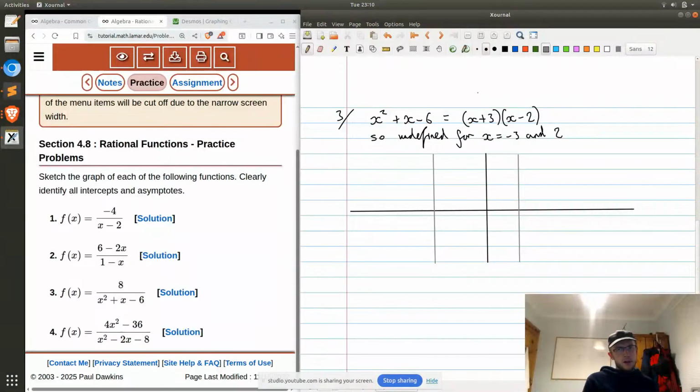And what's the minimum of x squared at x takes 6? Well, the line of symmetry is that.